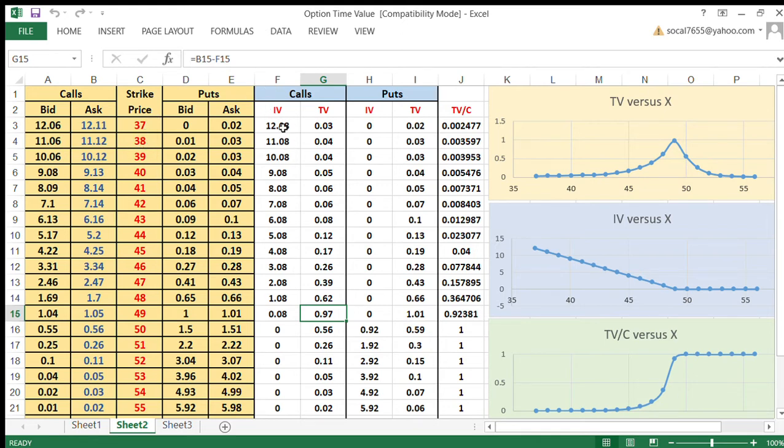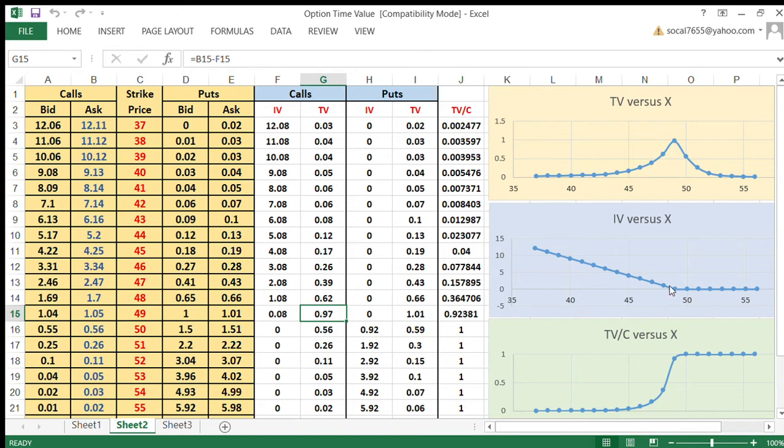So we have a $1 difference between all these, so it's linear here. And then we get down to the 49 strike, and we see that intrinsic value is 8 cents. The right to pay 49 when the market price is 49.08 is worth 8 cents. So that's intrinsic value, and you can point to that right here.